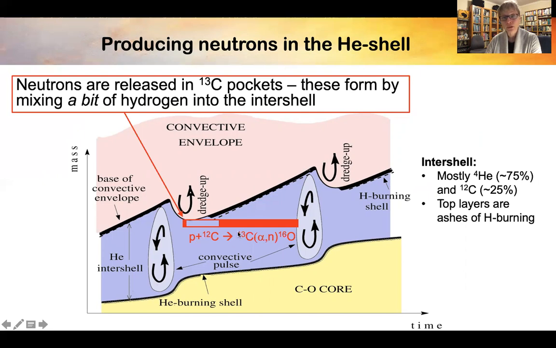That makes carbon-13. And over time, carbon-13 (alpha,n) slowly releases neutrons to make oxygen-16. These neutrons are captured by iron to make heavy elements. And those heavy elements are then, when we have our next thermal pulse, mixed throughout this entire region, and then dredge-up will mix some of those s-process elements to the stellar surface.